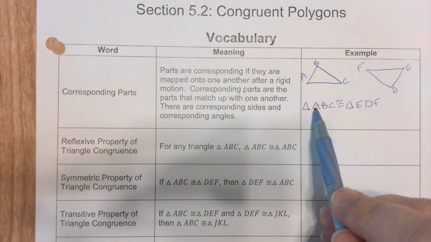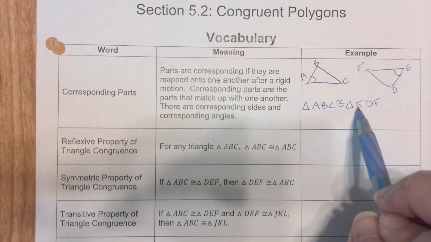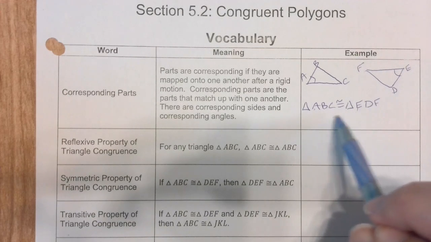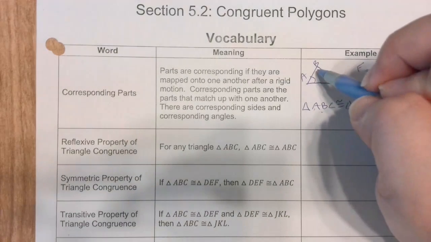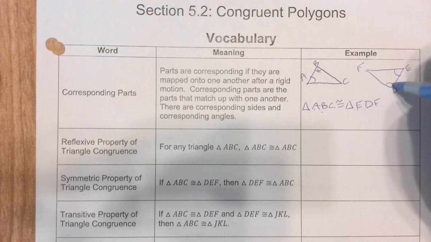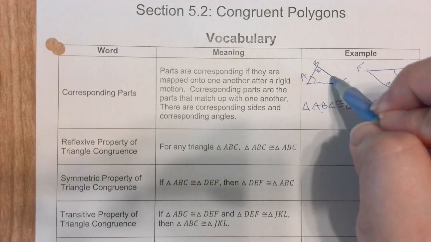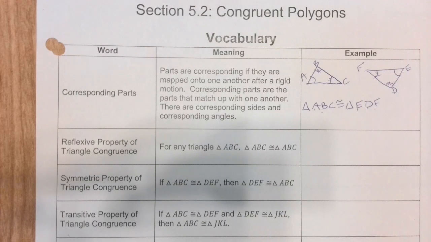What that means is that angle A and angle E correspond. Notice they are both first in the congruent statement. Angle B and angle D correspond because they're equal, they go together. And then angle C and angle F also correspond because those are the ones that are equal. They're also the third in the list.